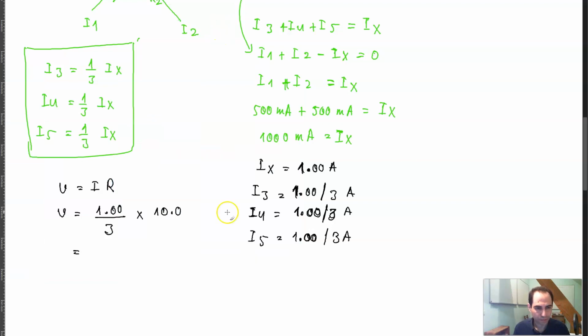That means that, for example, V of R3 would be 3.33 volt. Or you can also call it 10.0 thirds volts. We can write it that way as well.